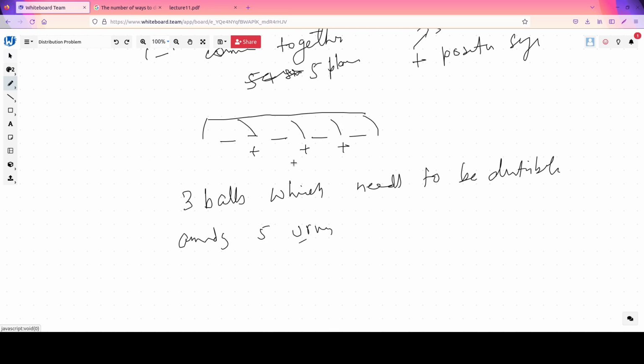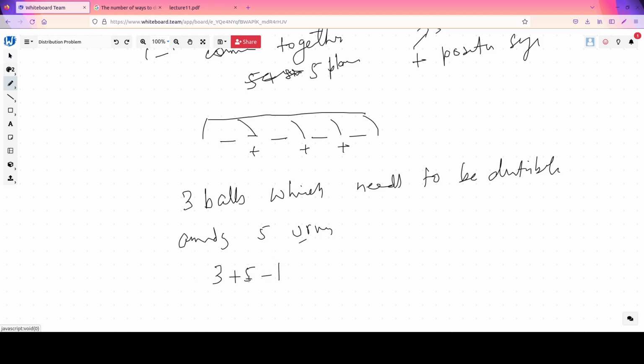So we have put 4 positive signs, so now 3 positive signs should be here because they cannot be together, right? But we are still left with the 3 positive signs, and these could be placed among these 5 places, or the 5 urns. So this will be nothing but 3 plus 5 minus 1, because there is no restriction.